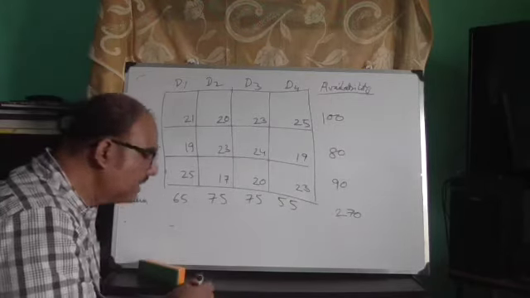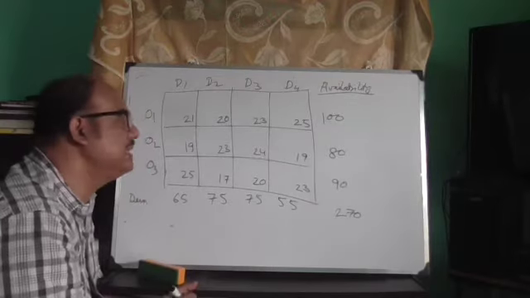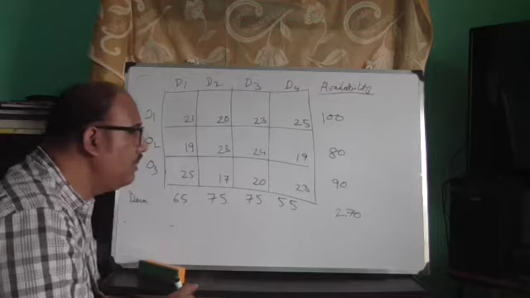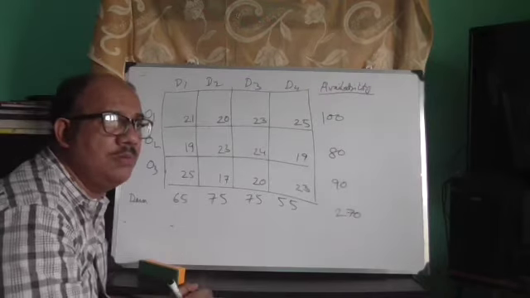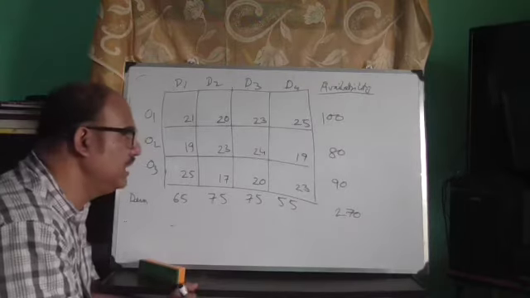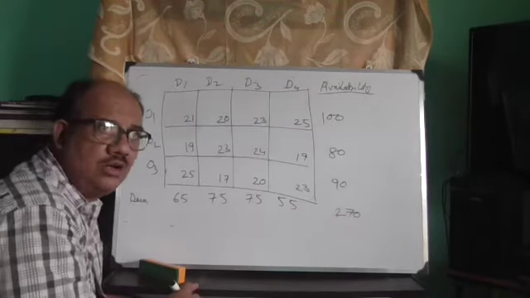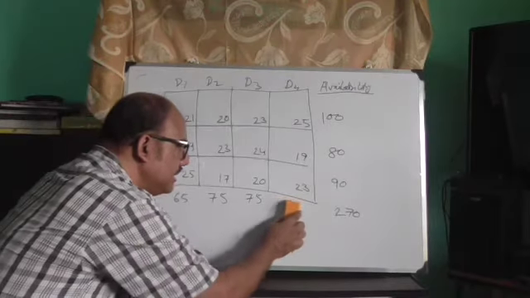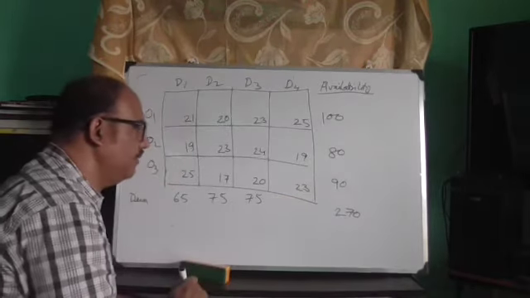Now let's also discuss what can happen if the problem is not balanced. The problem could be unbalanced in two ways: either demand is more or the availability is more. So let's change this value to 65.